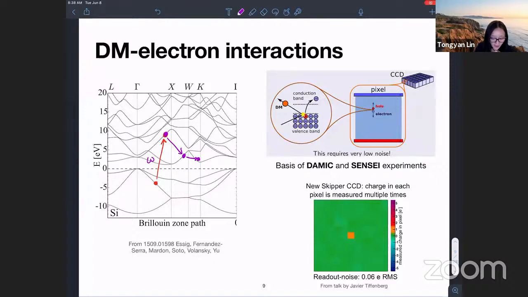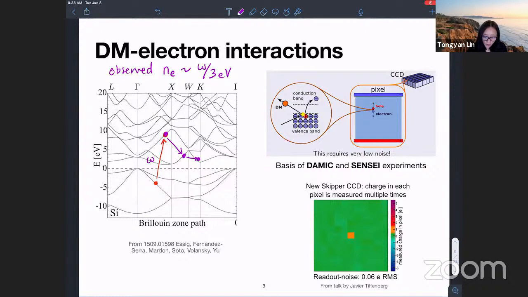Roughly speaking, you'll get out a number of electrons at the end of this cascade which is omega over about 3 electron volts, depending on the material. Maybe higher in insulators, but for silicon it's around 3 eV. And that's the number of electrons you might observe.